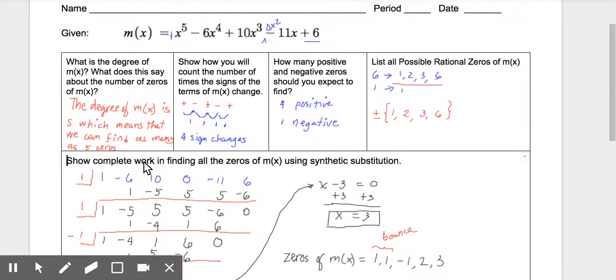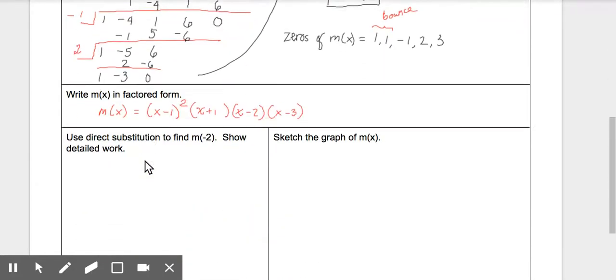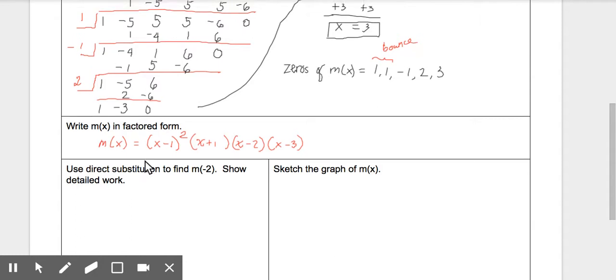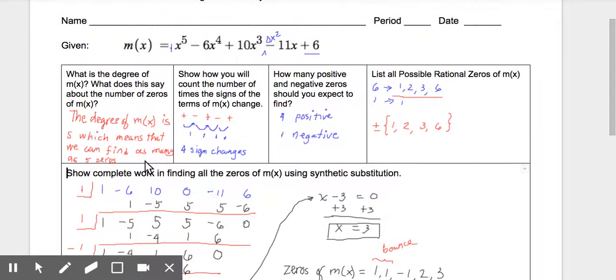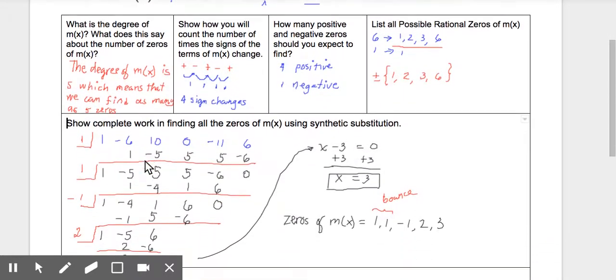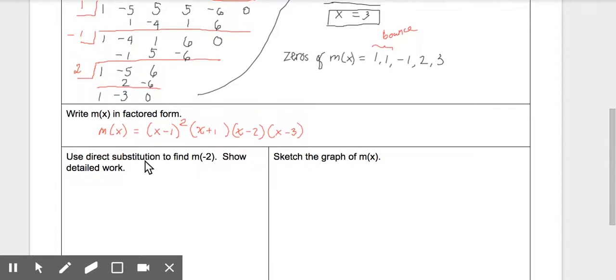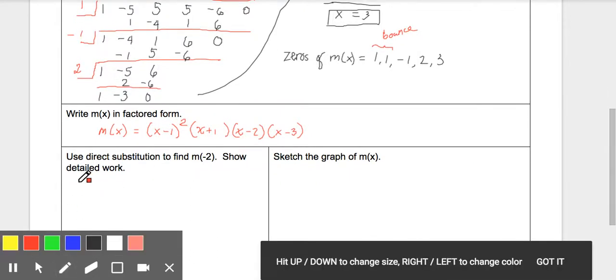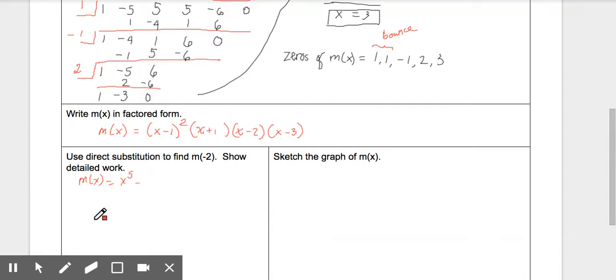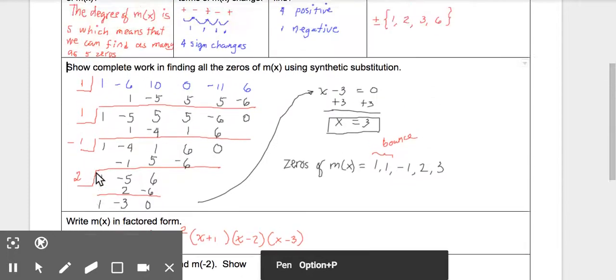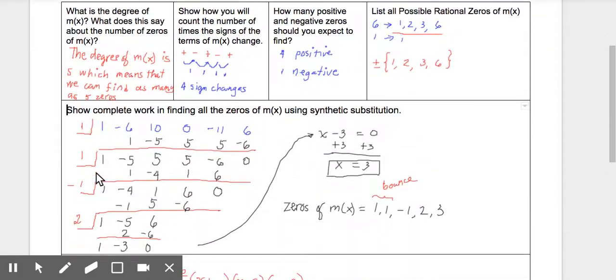Okay, so this time we want to use direct substitution to find m of negative 2. All right, so we have x to the 5th minus 6x to the 4th. So let's write that down first. M of x is equal to x to the 5th minus 6x to the 4th plus 10x cubed.